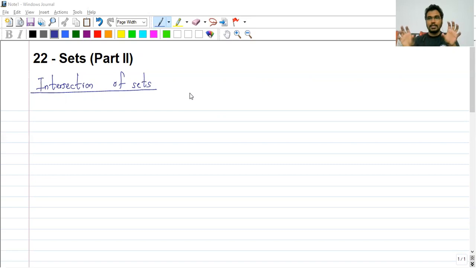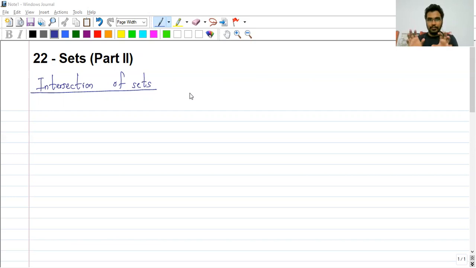If there are common elements for all of these sets, we call those common elements the intersection of these two or more sets.